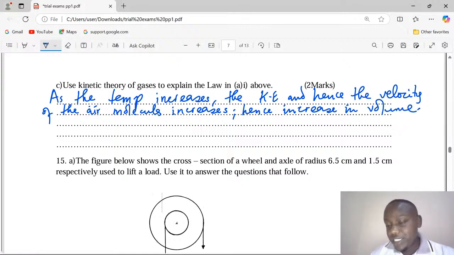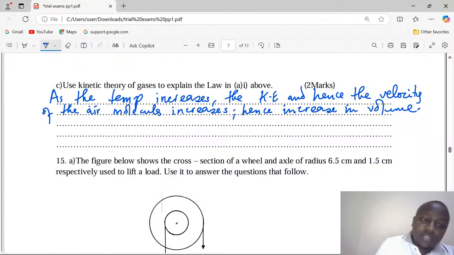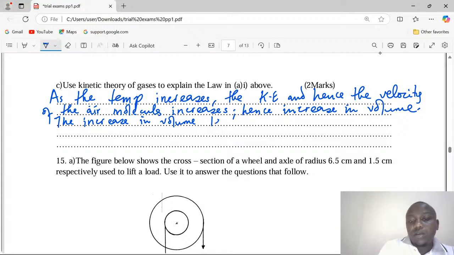How do we ensure that pressure is kept constant?